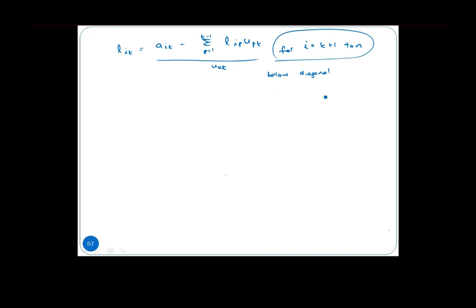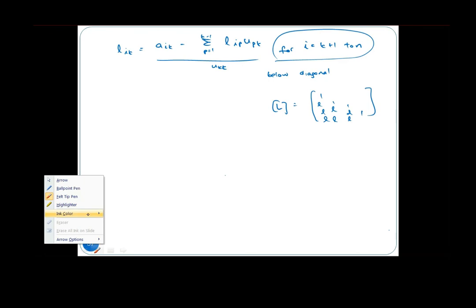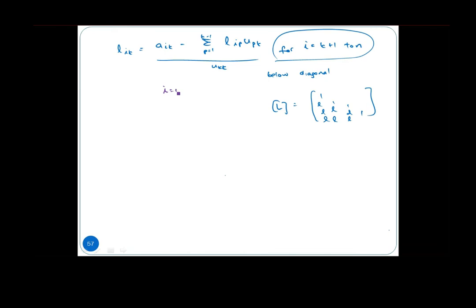Below the diagonal of the matrix. If you still remember, our L has a diagonal of all 1s, followed by our L entries. So I is the row, and I have L11, L12, L13.